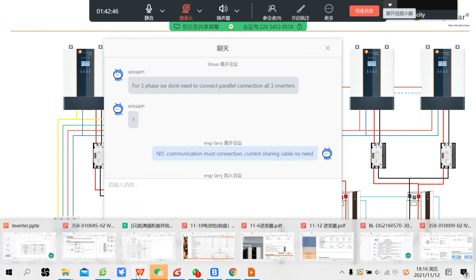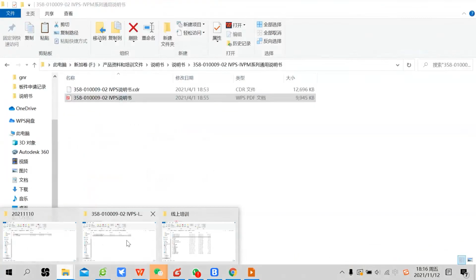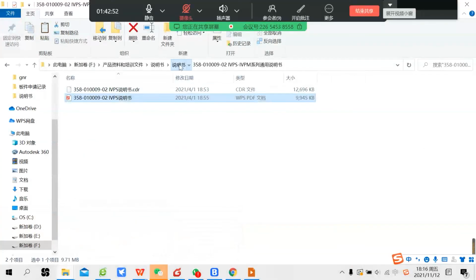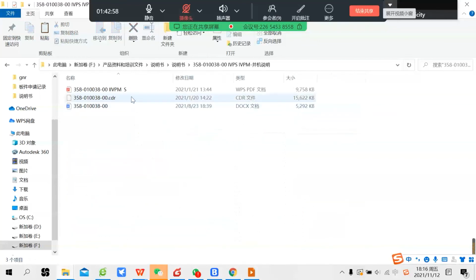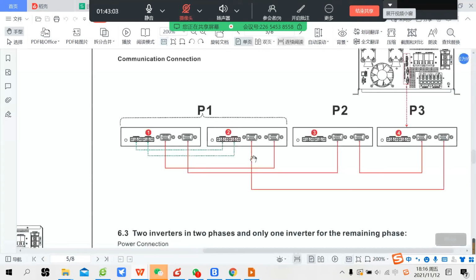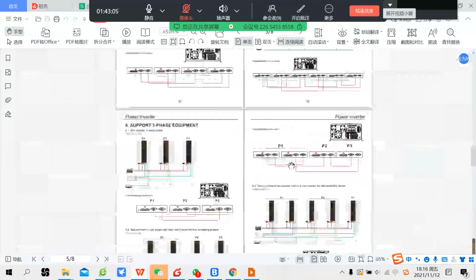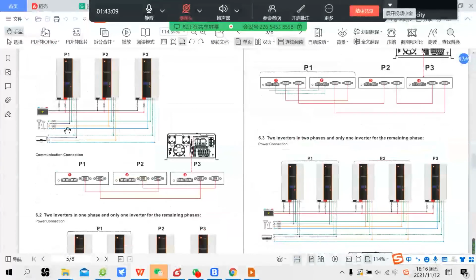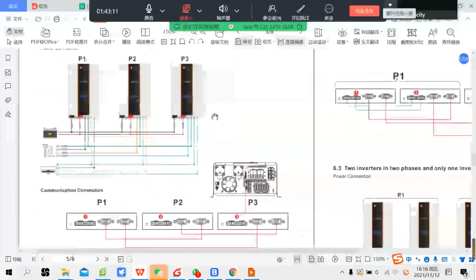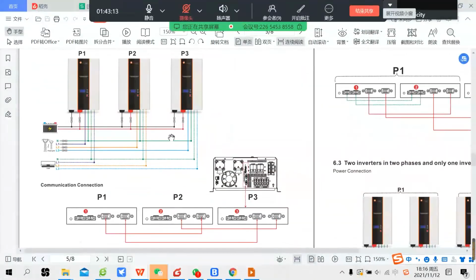Actually, I can show you the user manual. See here, for example, this is the IVPM IPS three phase.